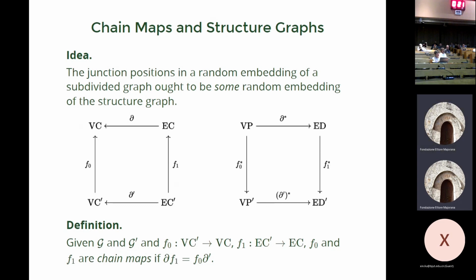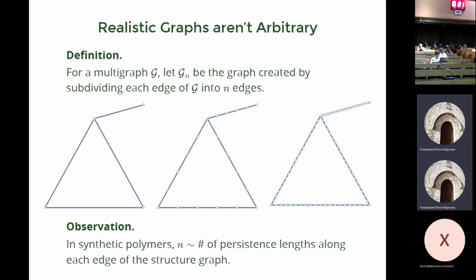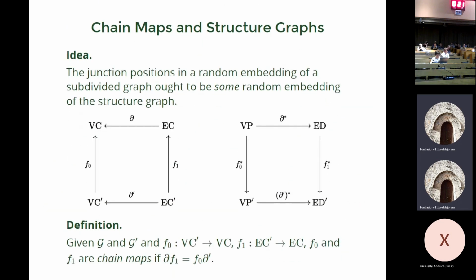But if I have a subdivided graph, if I just look at the junctions, so in these pictures, this vertex, this vertex, this vertex, and that vertex, their positions in a random embedding are some random embedding of the underlying structure graph. Now, of course, it's potentially some weird distribution on the edges of the structure graph, but nonetheless, they are some random embedding of the structure graph.